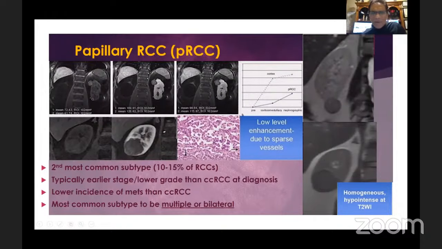So with help of MRI, we can easily diagnose papillary renal cell carcinoma, which may be indeterminate on CT scan. And you don't have to have aggressive treatment in these patients, depending on patient's renal function, age, and everything. You can do some other type of treatment.